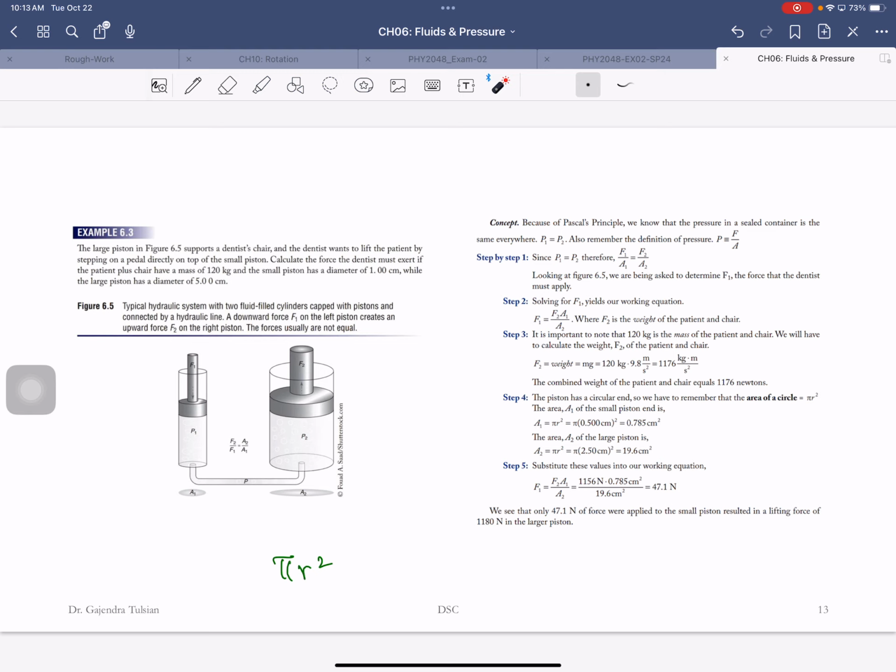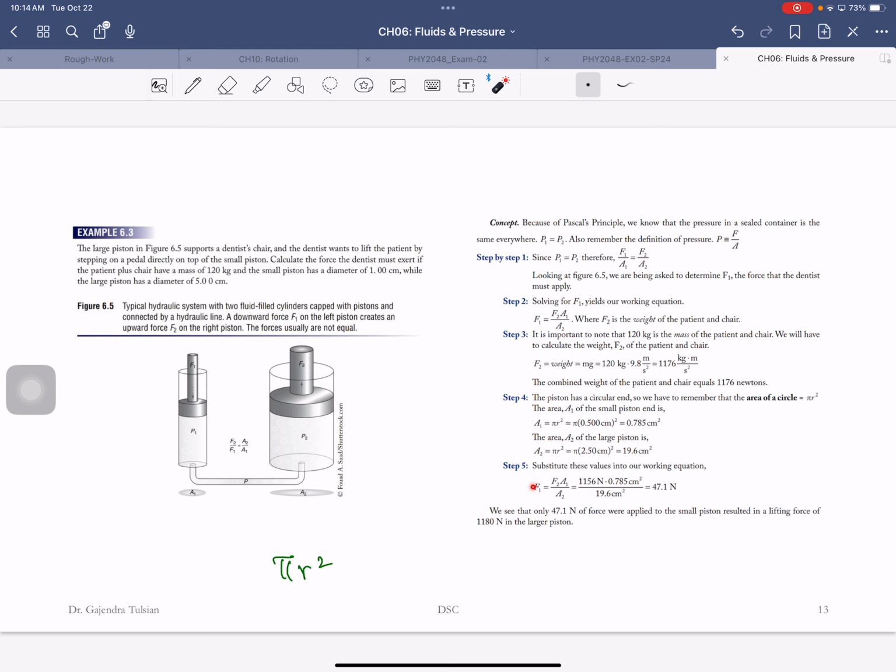So here what they're asking you is the output force. You're lifting a 120 kg person, and so that's the output force. What is the force that the dentist is applying? That's what's being calculated. So the output force in newtons is mass times gravity. And they calculate the area.